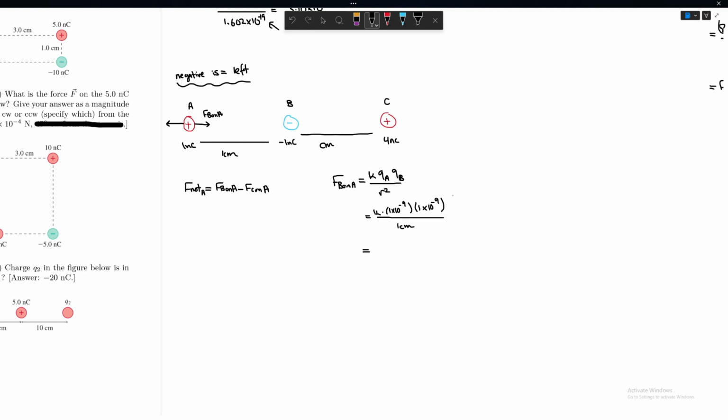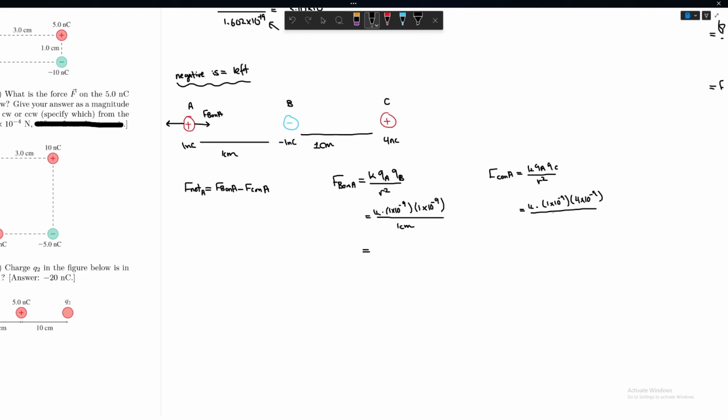Now you do the same exact thing for C. So C on A equals K times QA times QC all over r squared, which equals K times 1 times 10 to the negative 9 times 4 times 10 to the negative 9, all over... You see, my distance now is actually not 1, it's 2.